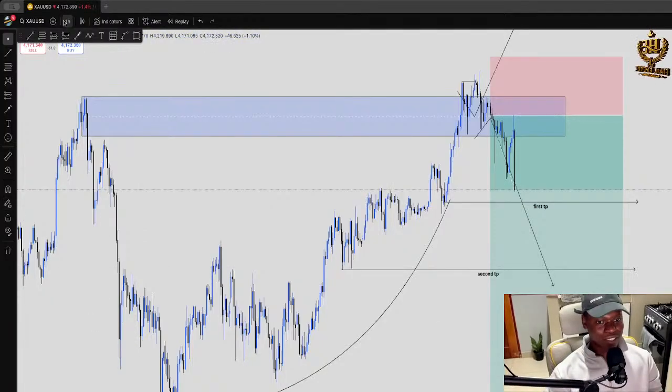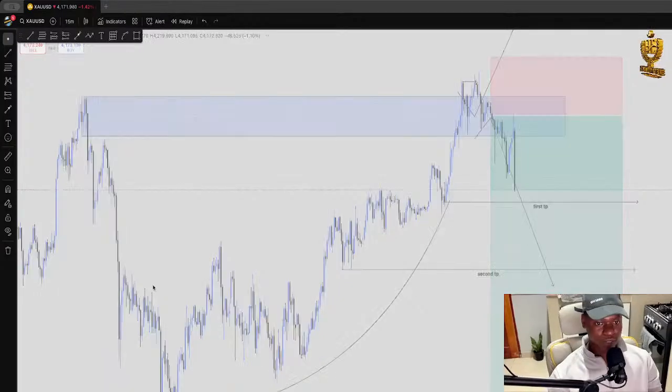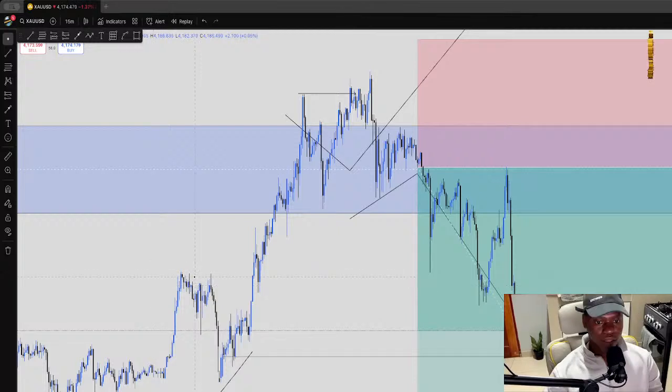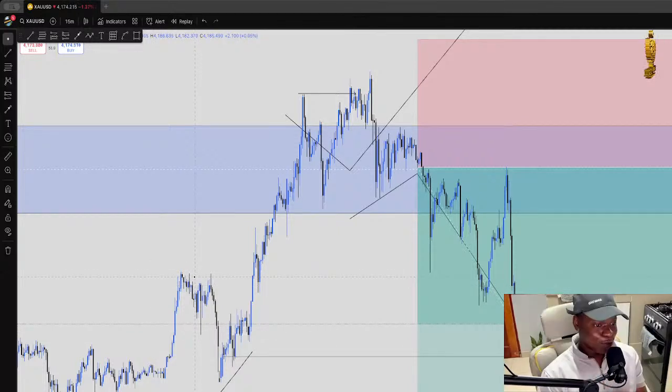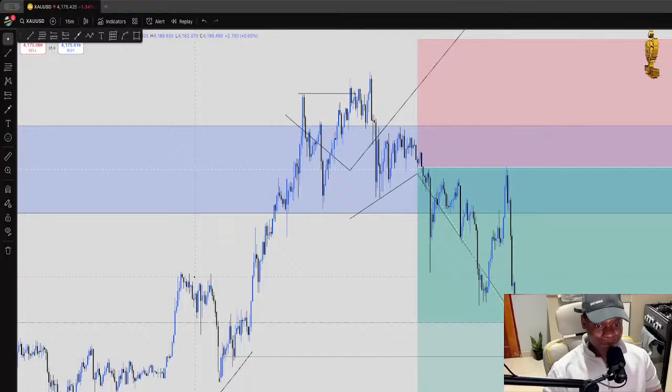Let me see the 15 minutes time frame. Look at that. Few pips to our first TP. That's a huge drop.